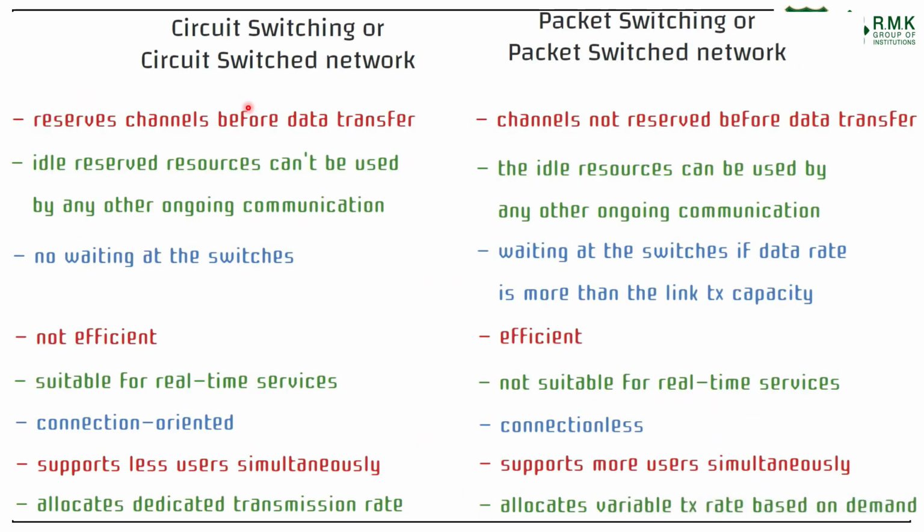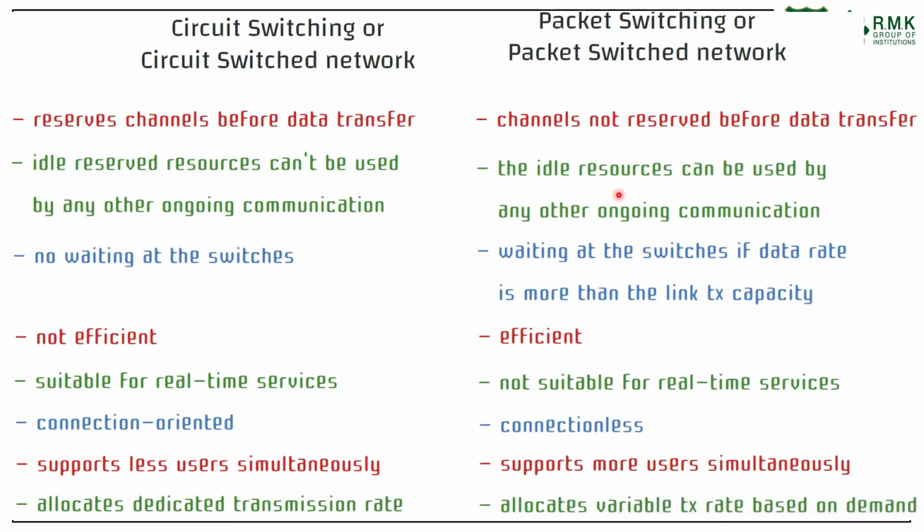Here we differentiate the circuit switched network and the packet switched network. In a circuit switched network, the channels are reserved before data transfer. But in a packet switched network, channels are not reserved before the data transfer. Idle reserved resources cannot be used by any other ongoing communication in the circuit switched network.